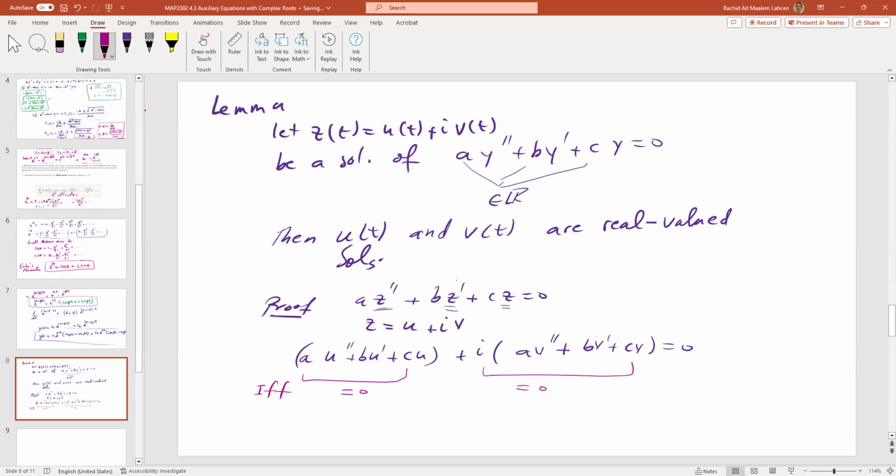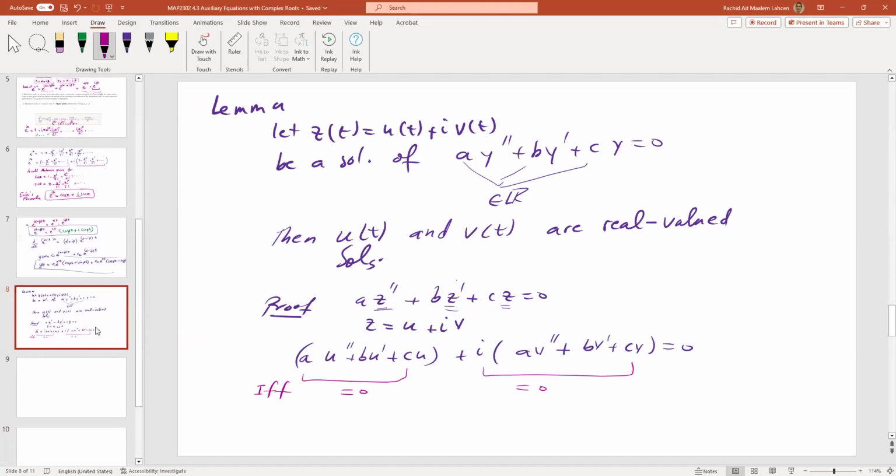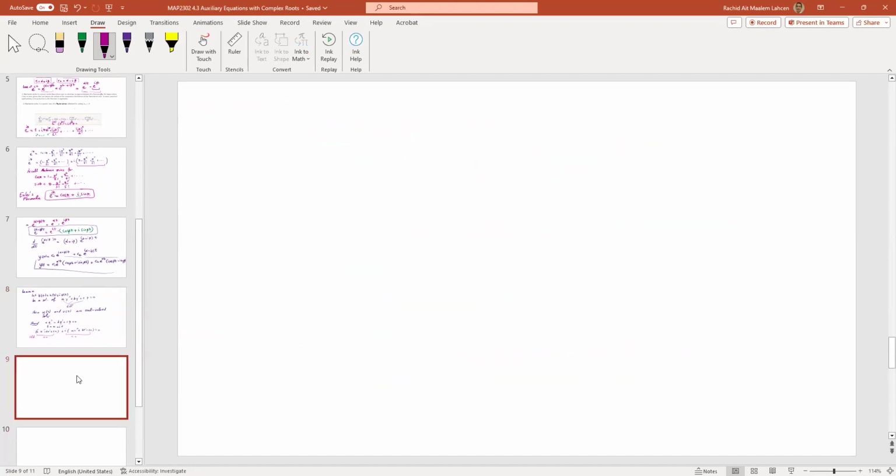A complex number cannot be zero unless these two parts are zero, which proves that u is substituted there just like a y. So when we say y is a solution, u is a solution and v is a solution. It's a quick, nice proof that shows that. And now I'll give you the summary and conclude this video.